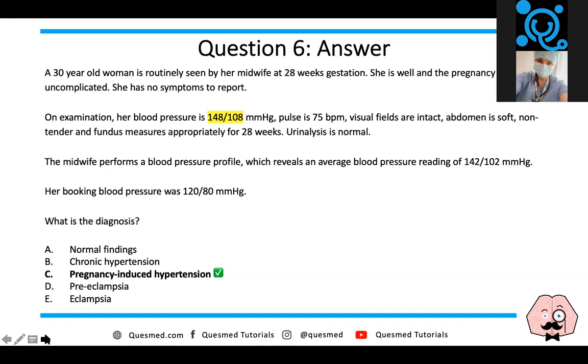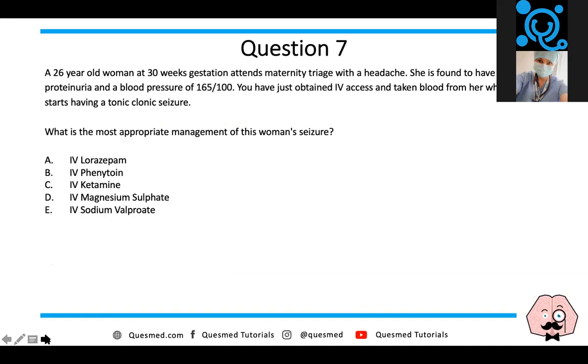Now, it's not pre-eclampsia because there's no evidence of protein, there's no evidence of organ dysfunction, and there's no evidence of symptoms. And it's not eclampsia as this woman doesn't have any seizures. So moving on to the next question, again, you'll have 60 seconds.